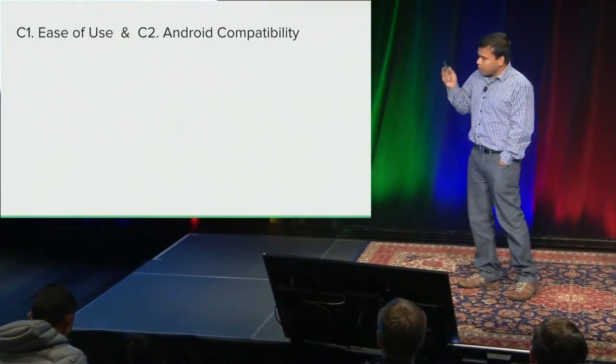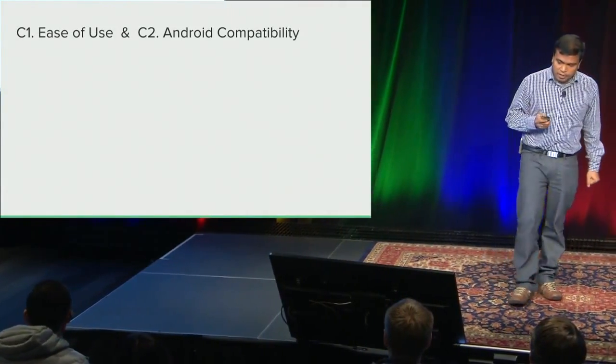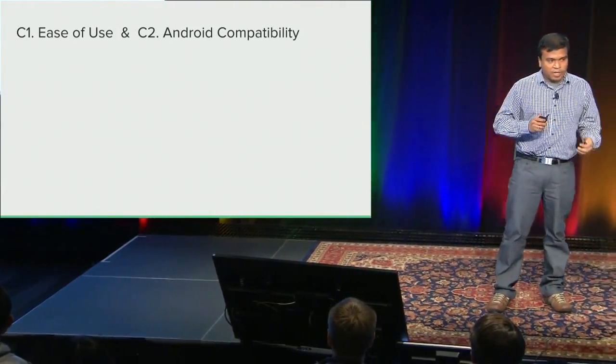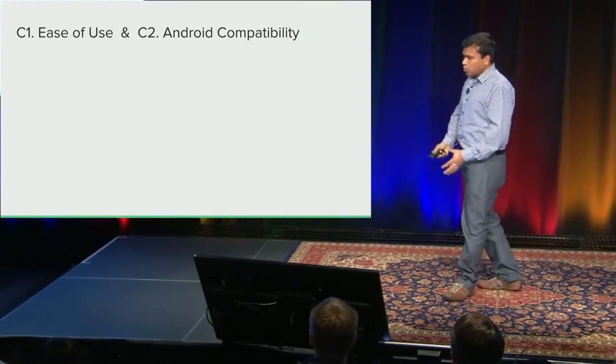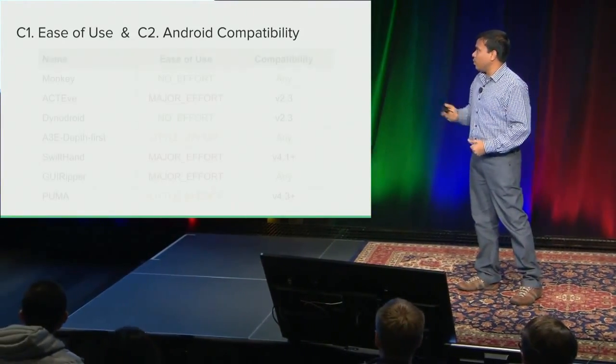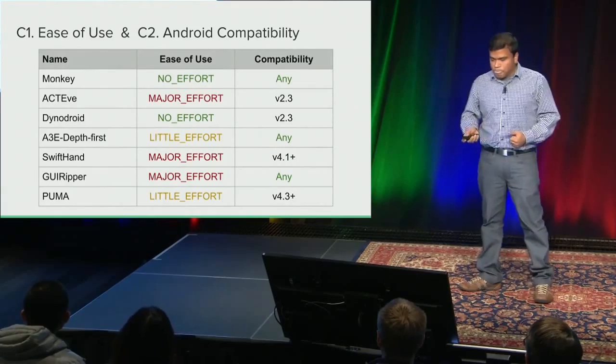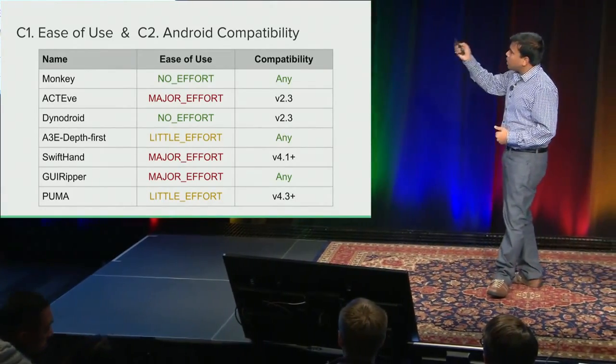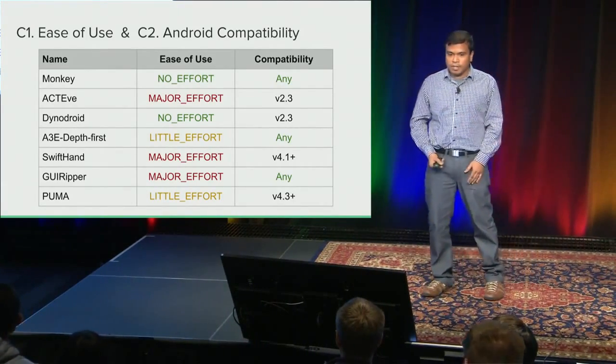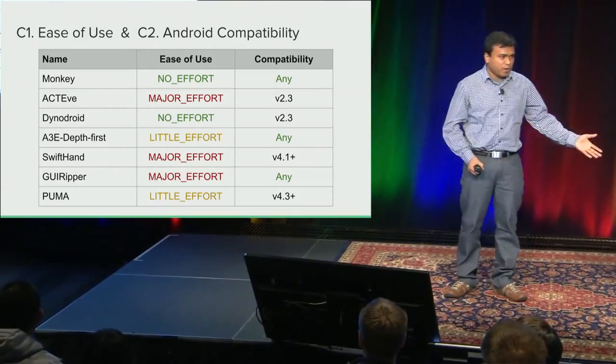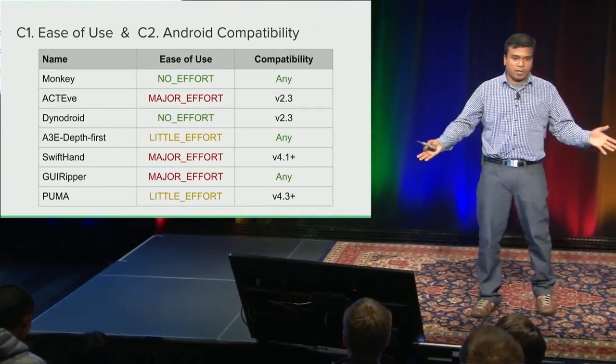For the first 2 research criteria, ease of use and Android compatibility, we manually set up these tools in our infrastructure and evaluated them. As you can see, 2 tools, Monkey and DynoDroid, required no effort. That was because Monkey comes as part of the Android SDK, so we did not have to do anything.